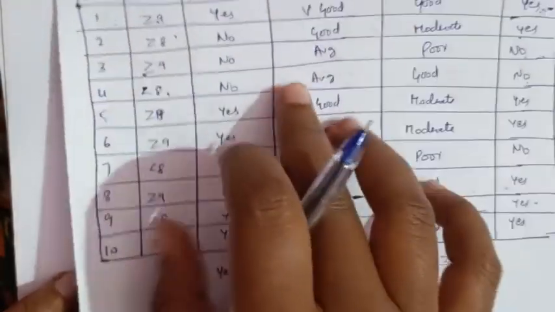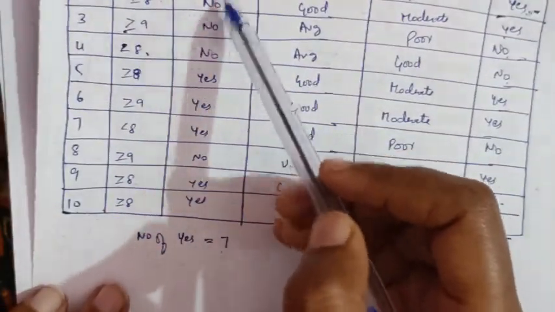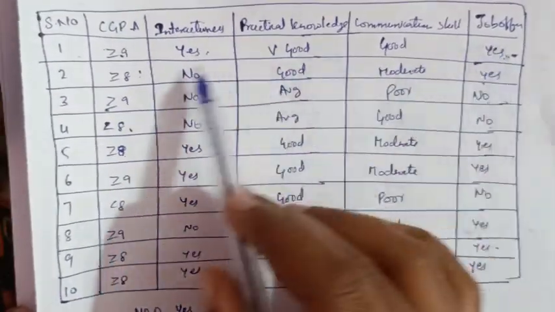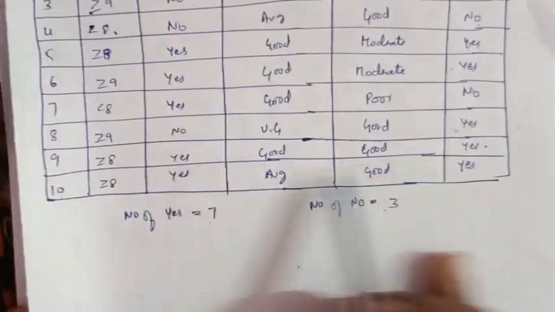Now entropy for interactiveness. You can see here we have only two types of instances, that is yes or no. Here the number of yes is 1, 2, 3, 4, 5, so it is 5.